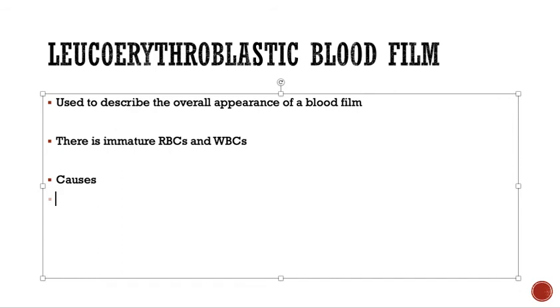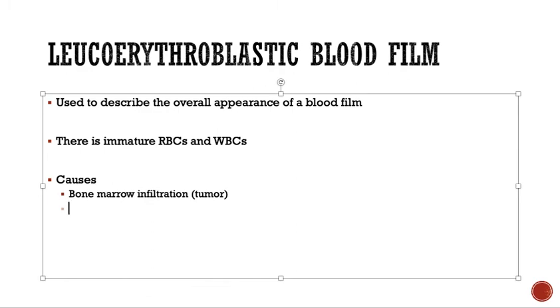Now, what are the causes of this leukoerythroblastic blood film, in which the immature cells are present in the circulation? Again, bone marrow infiltration. The example I always give is a tumor. When a tumor is invading the bone marrow, the immature cells will start appearing in the blood, because they will no longer stay in the bone marrow.